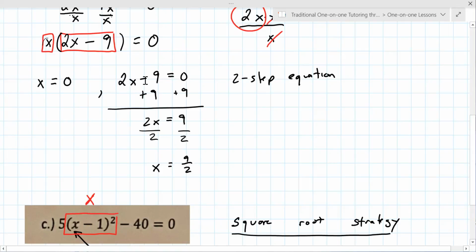It's based on the previous line. Because it's 2x minus 9, and subtracting is undone by addition. That's right. So because it's subtracting 9, you add 9.